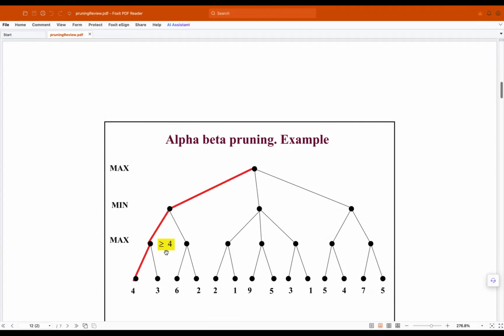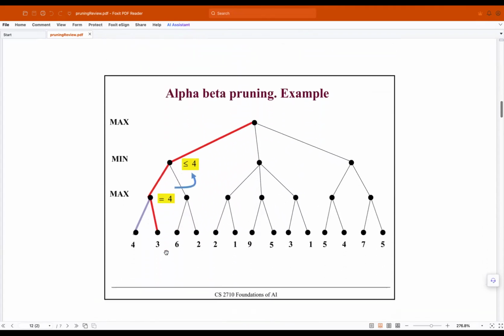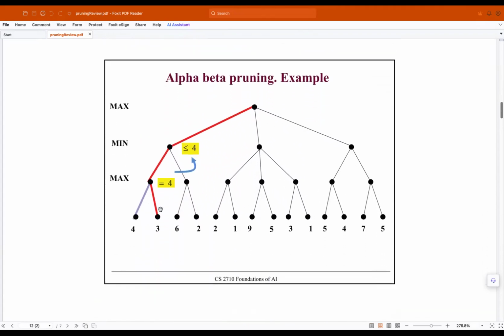That is what we have done here. Okay. Now, the next part, let's consider this one. Since we have considered both this and this child, we now have a definite answer. We know that here, the maximum value seen so far is a 4.